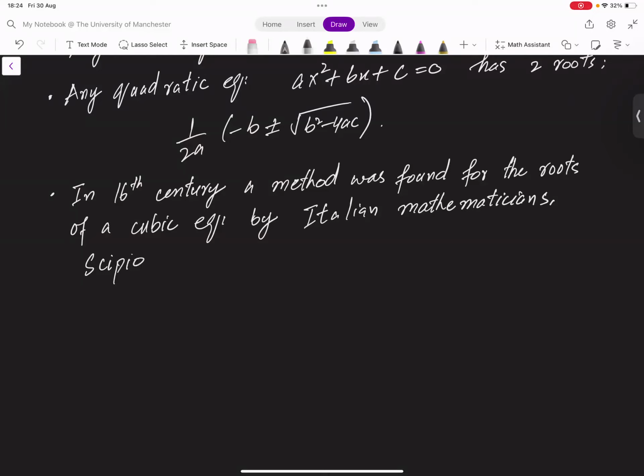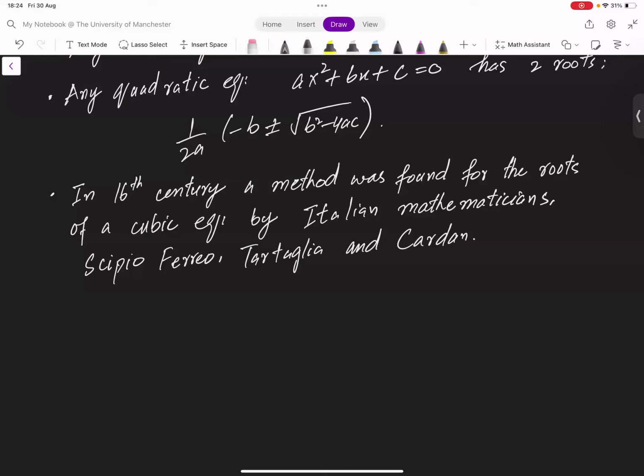Scipio Ferro, Tartaglia, and Cardano. And here is their method.